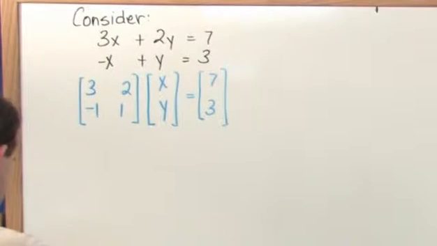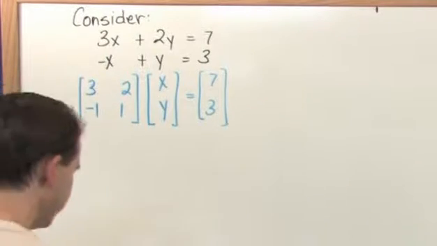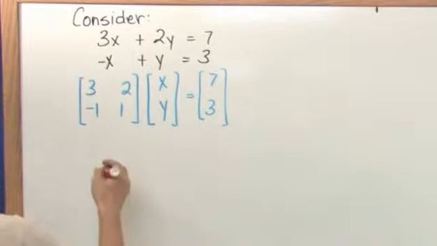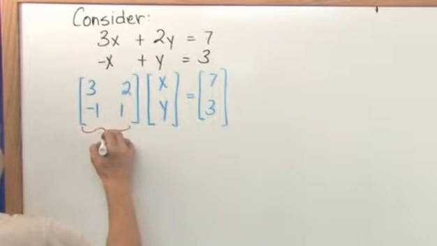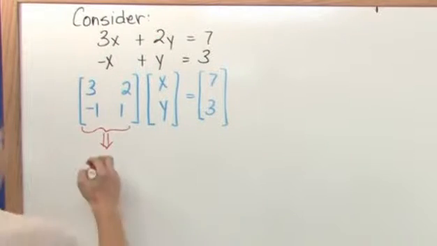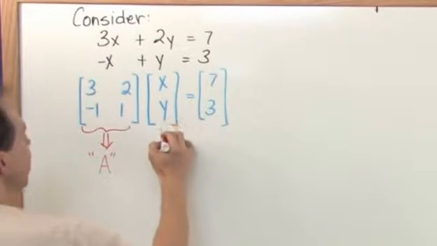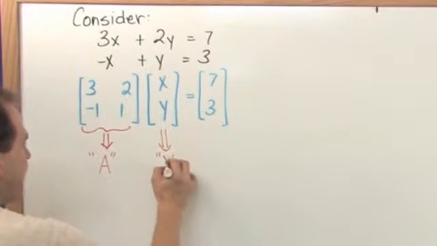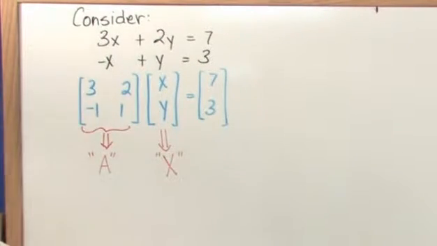Okay? So why am I doing this? Because what you need to remember is this matrix that has the coefficients of everything is called, in general, the matrix A. I'm going to put little quotes around it. This matrix that has the actual variables that you're trying to solve for is called big X. We'll talk about that in a minute.